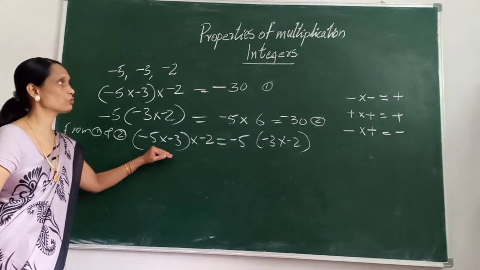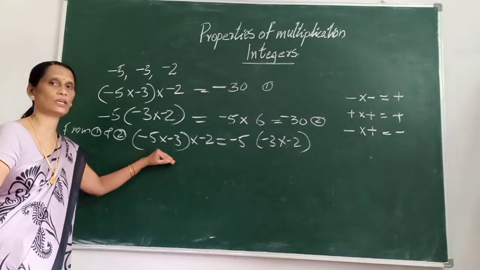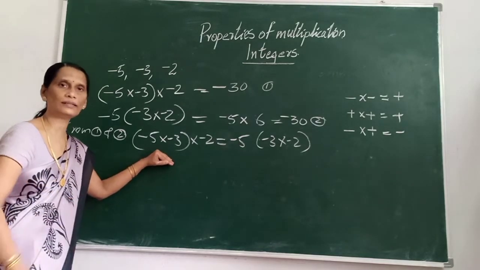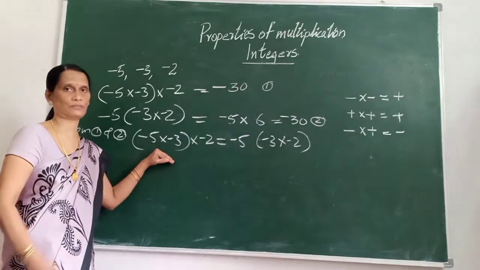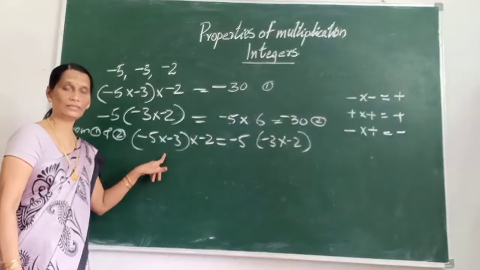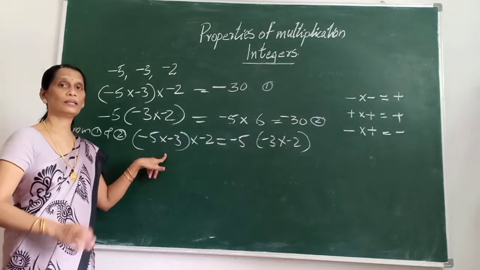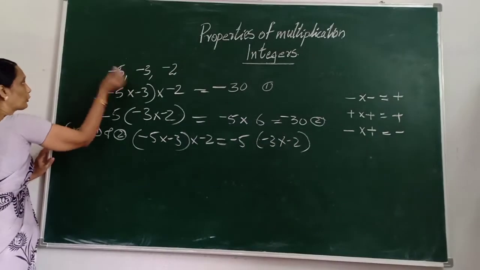So we can say that integers are associative under multiplication. We already learned that integers are associative under addition. Here we are learning that integers are associative under multiplication. So in general we can write like this. So what property is that?